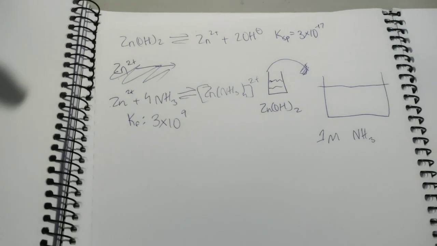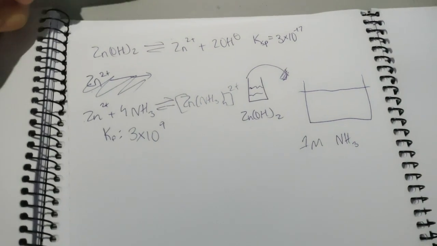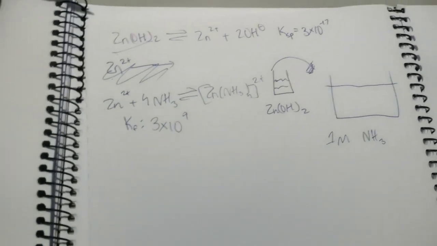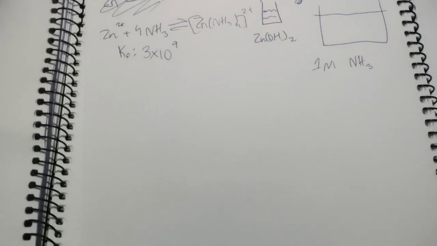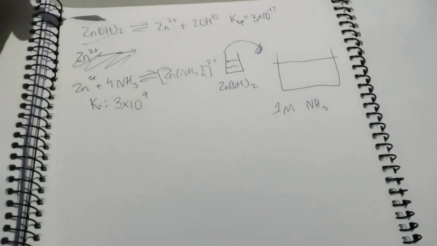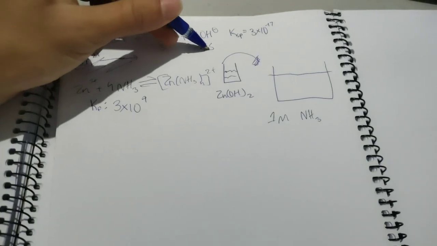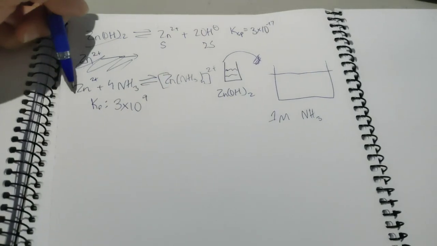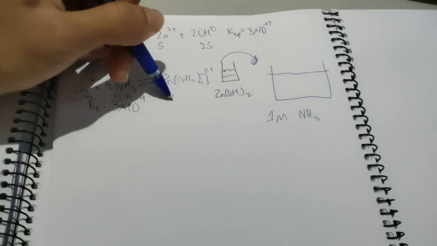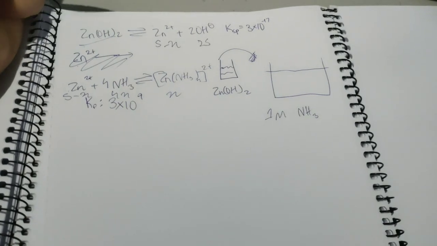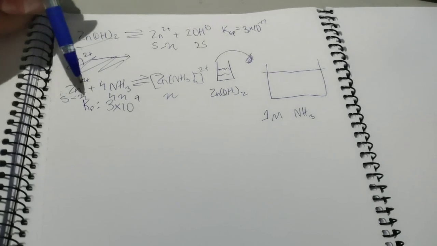So now we want to find the equilibrium solubility of zinc hydroxide. Initially I was thinking of writing this as S, 2S, and writing this as S minus X, 4X, X. But I was getting a headache eliminating X and plugging it in.